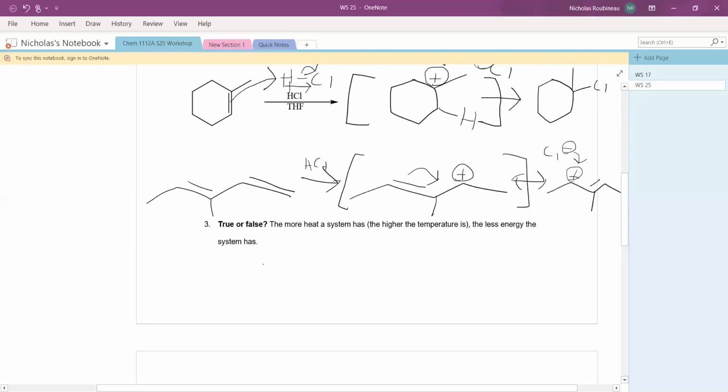Okay, for number 3, the more heat something has, which means it has a higher temperature, does that mean it has less energy? Is that true or false? Is the question not clear, or are people just scared to answer?